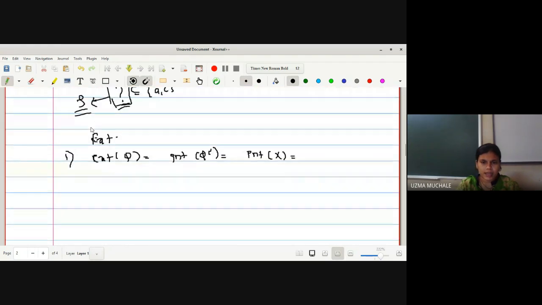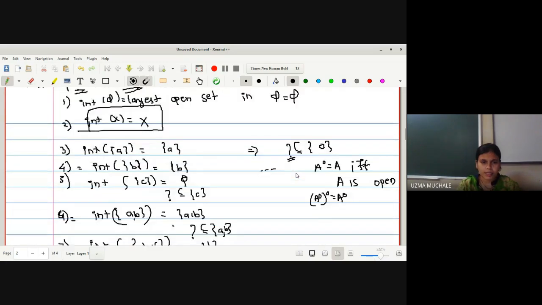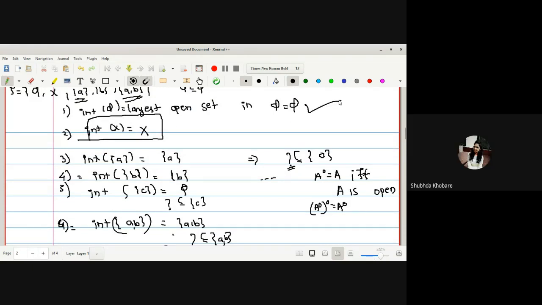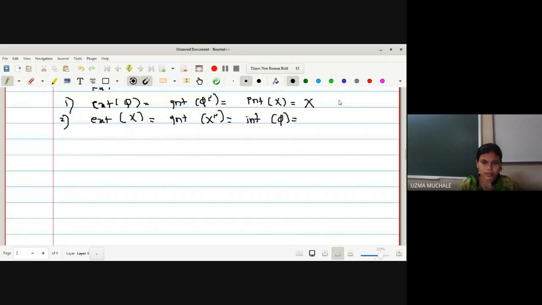I can write directly that the interior of X is X. Let us go for the next. The exterior of X is the interior of the complement of X, that is, the interior of the empty set. What is the interior of the empty set? We have found it, so we can write directly this as the empty set.